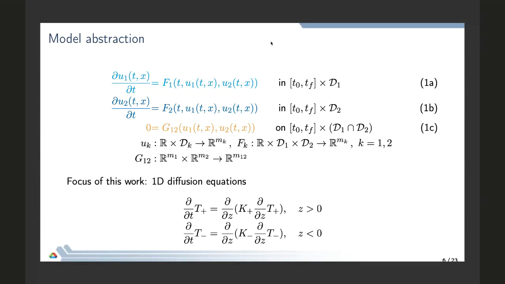One of the conditions, which is used almost everywhere, is the continuity of flux. The other condition could be the continuity of the state, or some more complicated interface condition like a bulk interface condition, which I will introduce later on. These additional conditions are entailed by the algebraic equation 1c here.